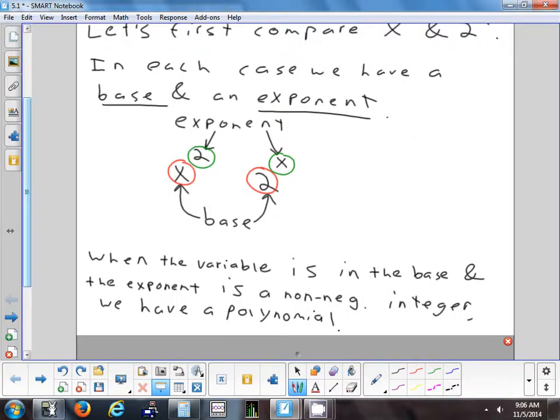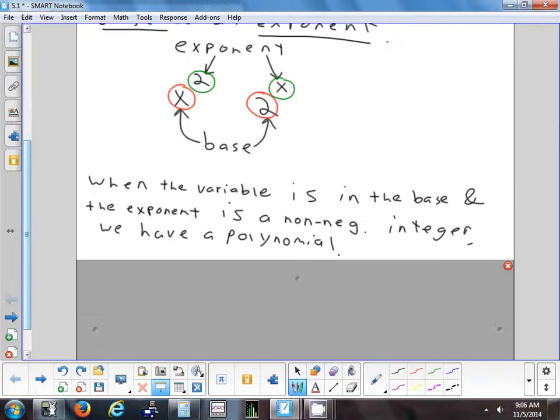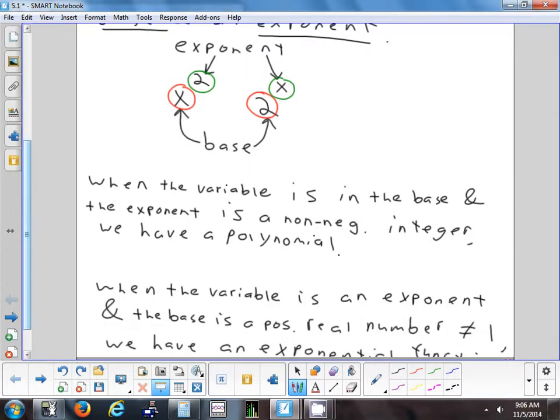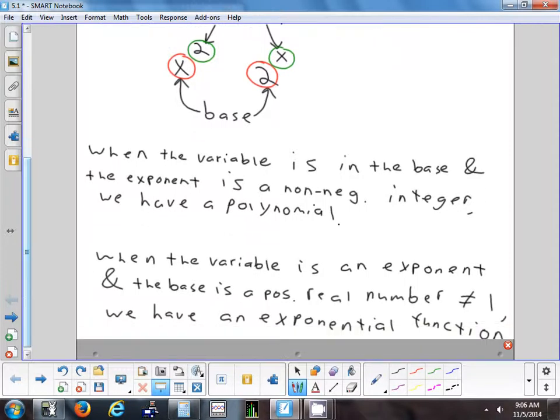That's a polynomial: x squared, 5x to the 5th, things like that. But when you put the variable up as your exponent and you keep the base as a positive real number, any number you want except 1, that's when you have an exponential function.